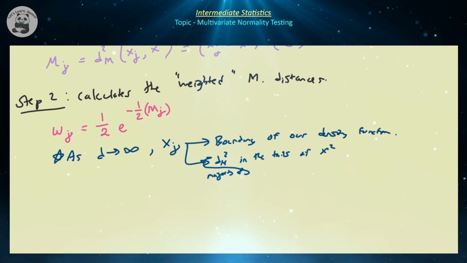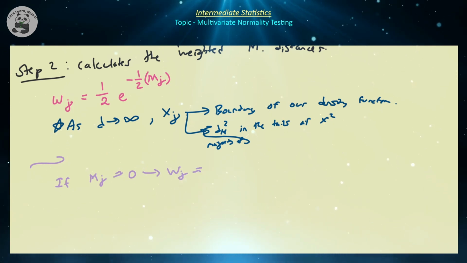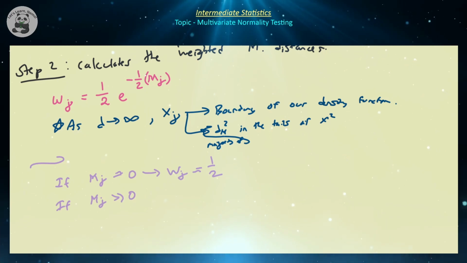So if that's the case, why would we look at these weighted values? If the Mahalanobis distance of a particular point is approximately equal to 0, that means we're close to the mean, so the weighted Mahalanobis distance is going to be e to the 0, which is 1, so approximately 1/2. If the Mahalanobis distance is really, really large, which is very common for the multivariate case with higher dimensions, what is the weighted Mahalanobis distance going to be?